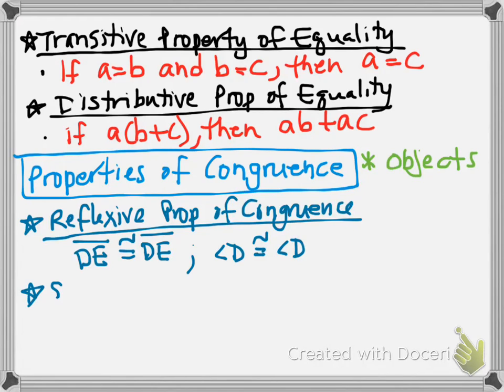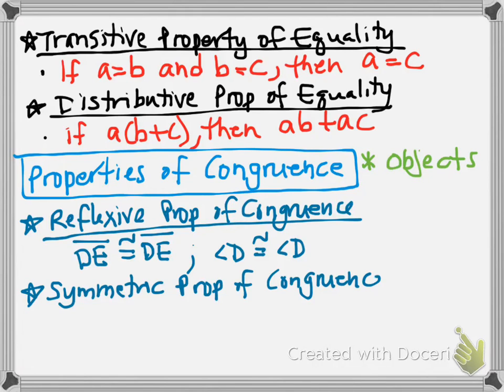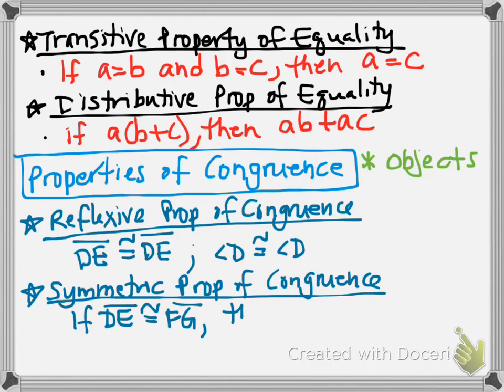We've got the symmetric property of congruence. And that one says if we have segment DE being congruent to segment FG, then we also know that segment FG is congruent to segment DE.